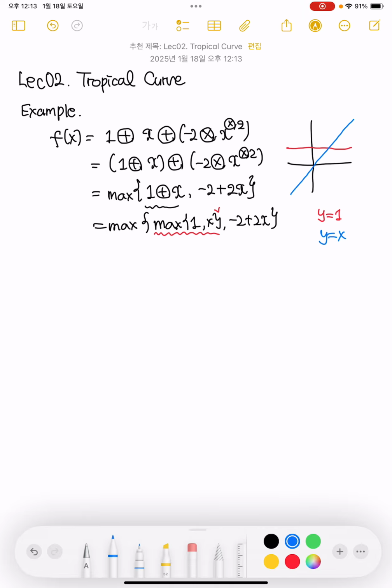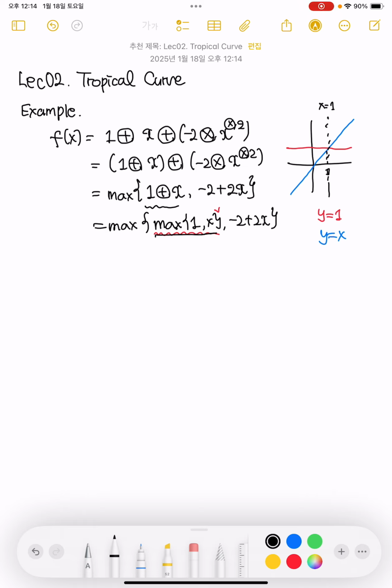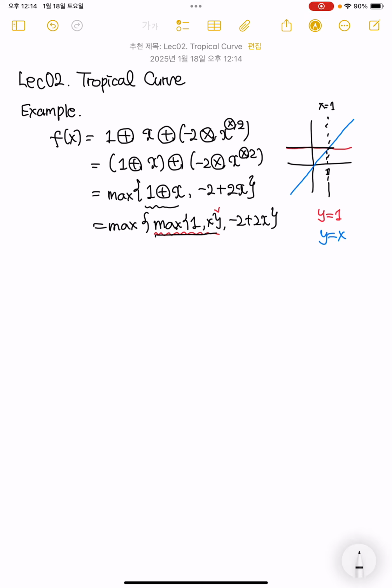And the intersection point is 1, but note the maximum function. So we can understand based on the line x equal to 1: if x is less than 1, the maximum is here.